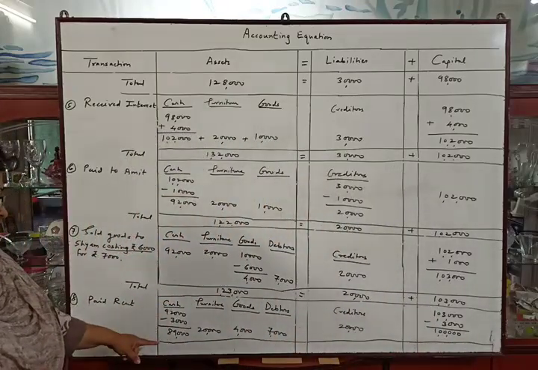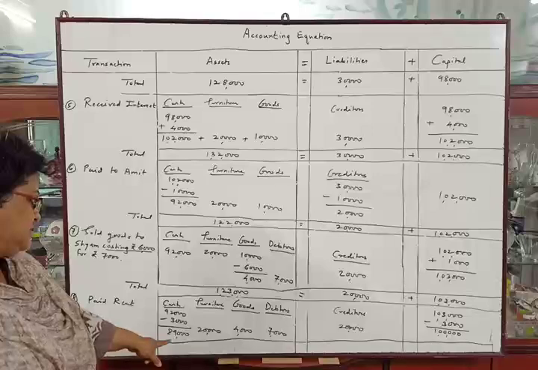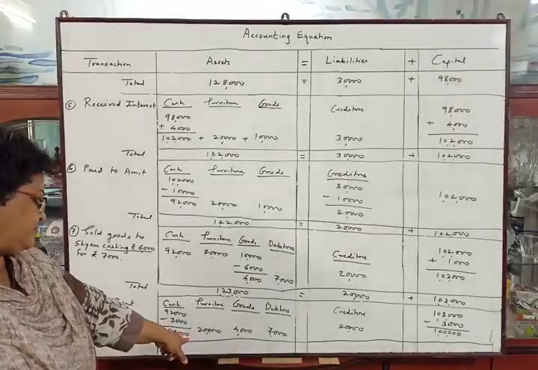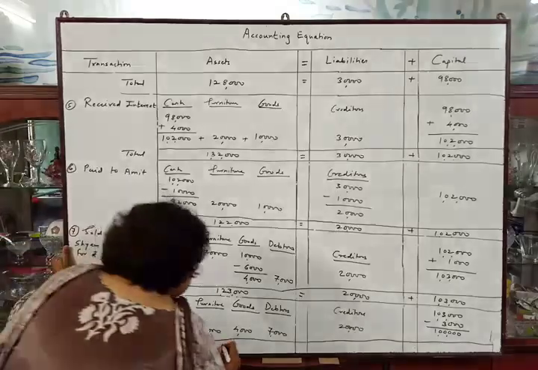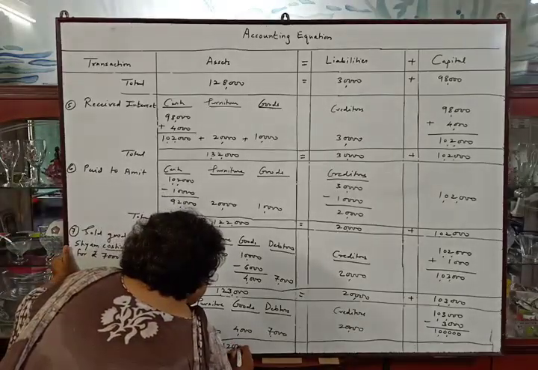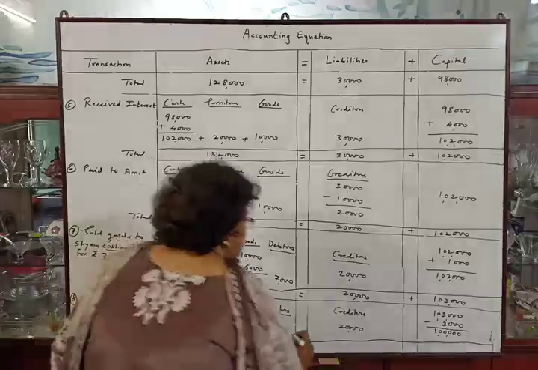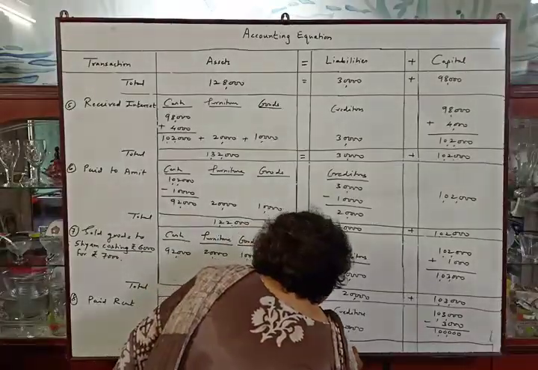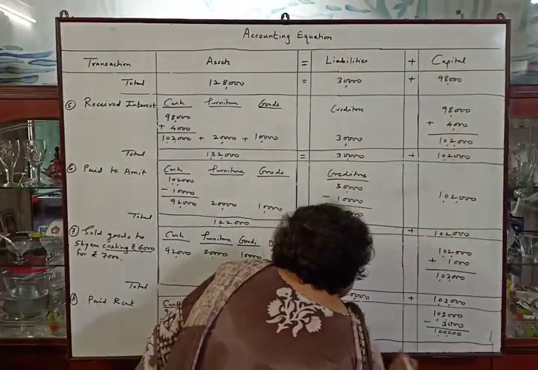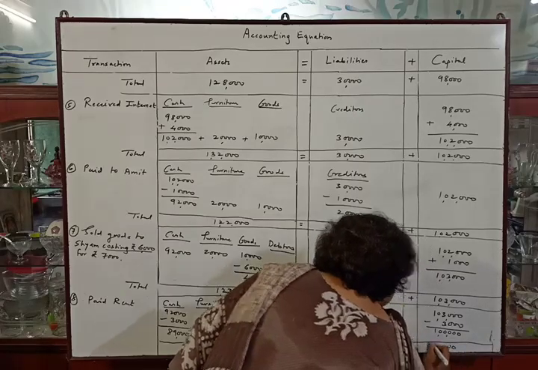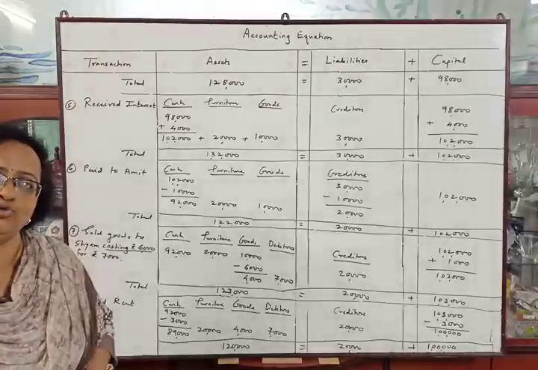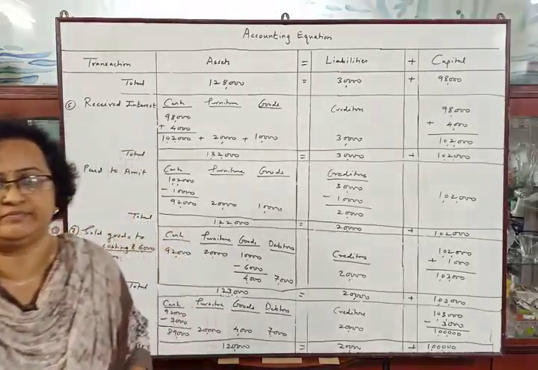Total of this is 89,000, 1,20,000 it is. 1,20,000 is equal to 20,000 plus 1 lakh, that is 1,20,000. Okay, understood? That's all for today.